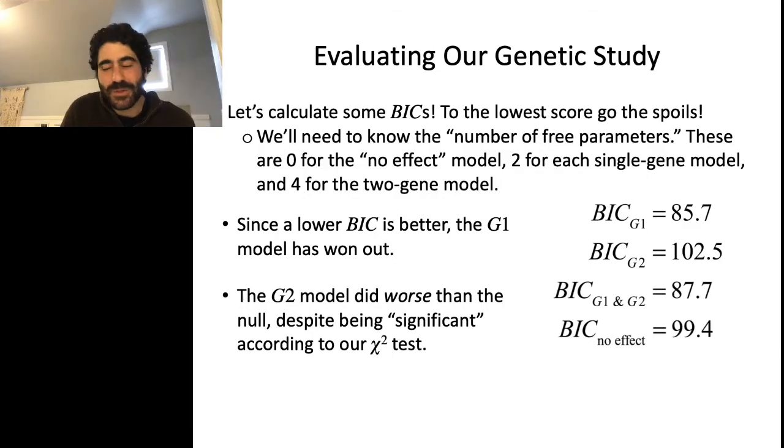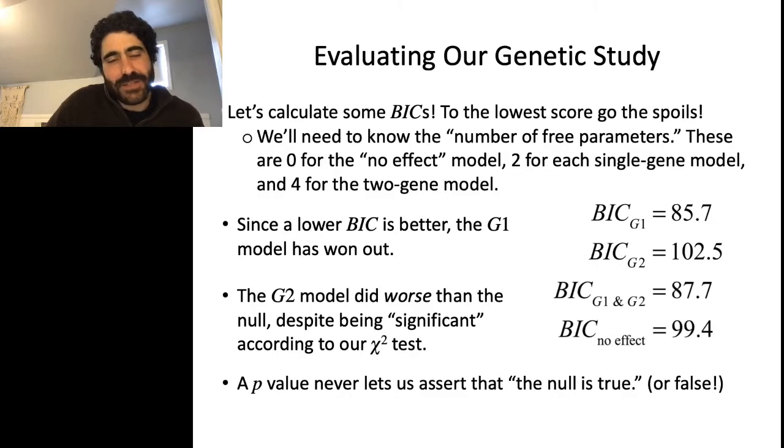It was a p of 0.04. But when we actually use these marginal likelihoods, what this is telling us is that this extra complexity of measuring this genetic component in this person is not really worth it. It fits the data a little bit better, but the extra penalty we get for having these 2 extra degrees of freedom means that it actually gets an overall worse BIC than the no effect one does.